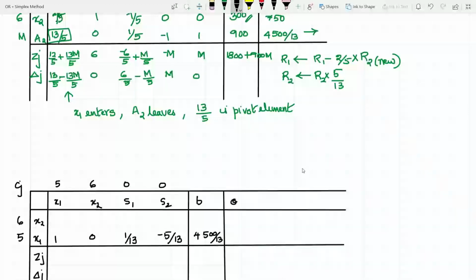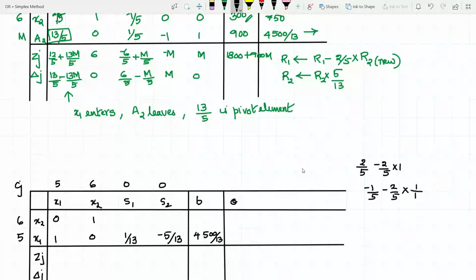The first value on top is 2 by 5. So 2 by 5 minus 2 by 5 into 1, so you have 0 here. Next is 1, so 1 minus 0 is 1 itself. Then you have minus 1 by 5 minus 2 by 5 into 1 by 13.